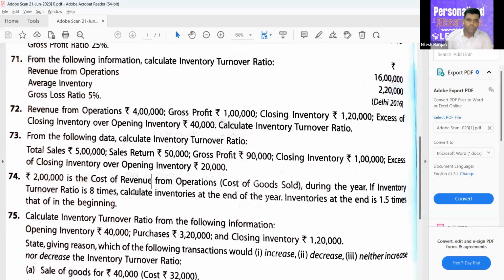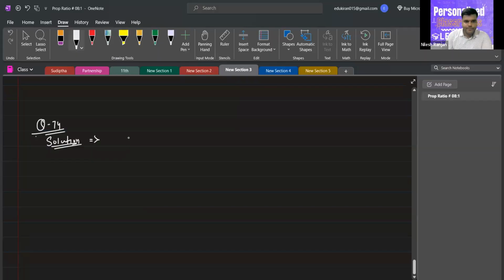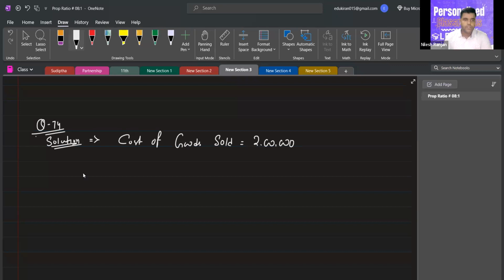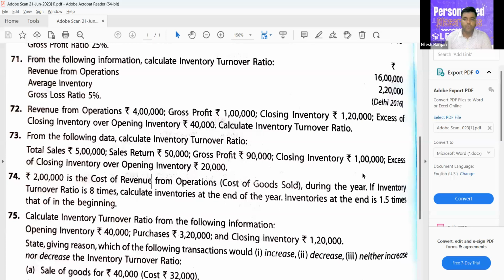Yes, cost of goods sold is 2 lakh, and inventory turnover ratio is also given. So our closing inventory is 1.5 times of opening inventory.